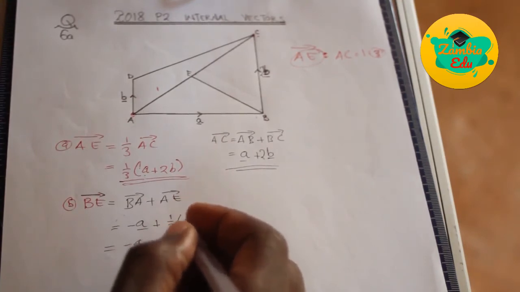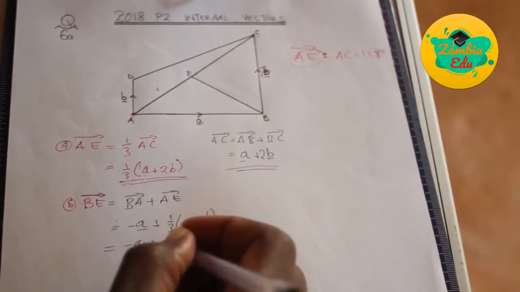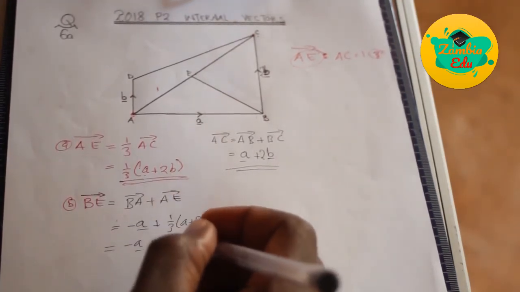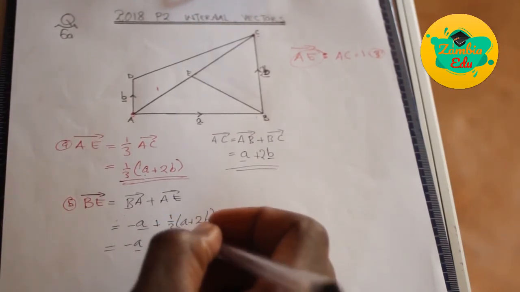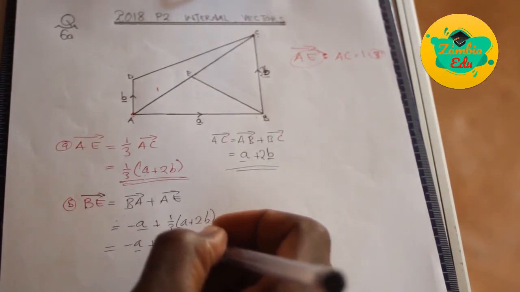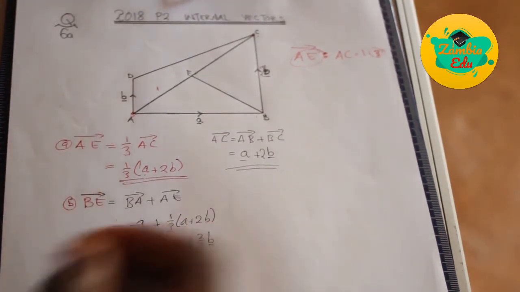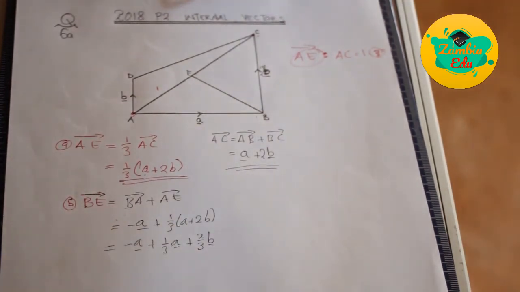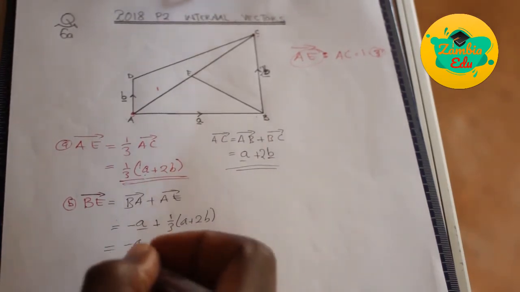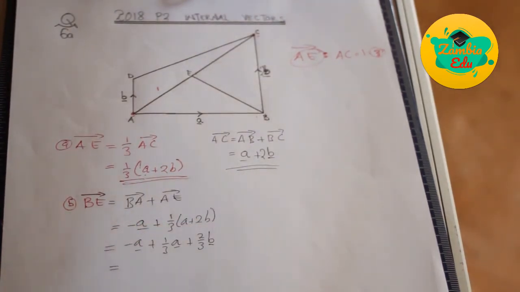So we can calculate that one quickly. Plus 1 over 3 times A is 1 over 3A, plus 1 over 3 times 2B, it gives us 2 over 3B, which is equal to, now we have something to calculate.